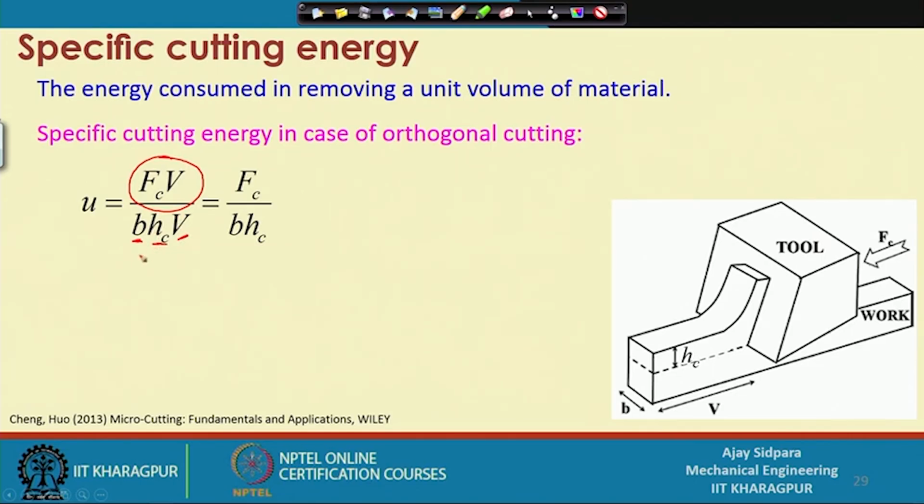So, here you will get millimeter cube per minute or second, whatever you are getting, then this V will cancel and your equation is shortened to Fc divided by B into Hc. This is the shorter version of the equation for specific cutting energy.